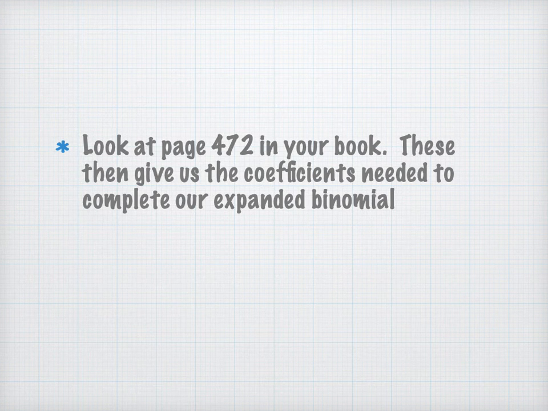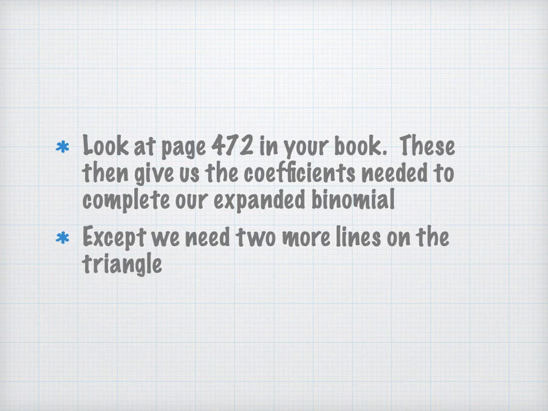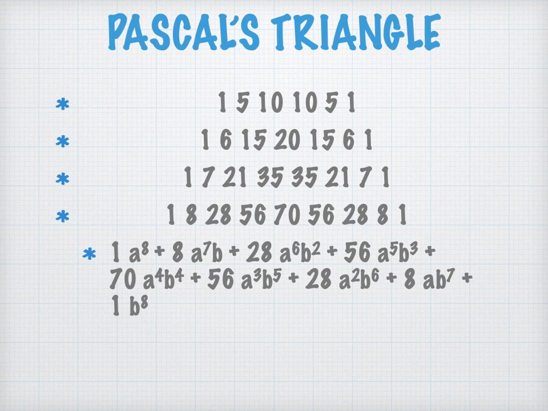We're going to get the numbers to put in those blanks from Pascal's triangle, except we actually need 2 more lines in the triangle, because the book has only gone down to a plus b to the 6th, and we need to go all the way to the 8th. So I added 2 more lines. These are not in your book, but they're easily gotten from your book.